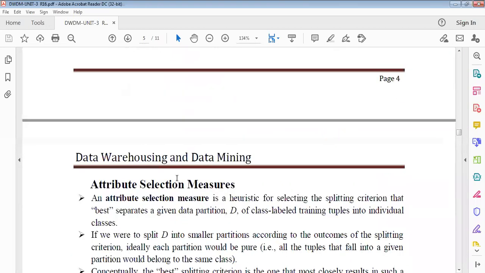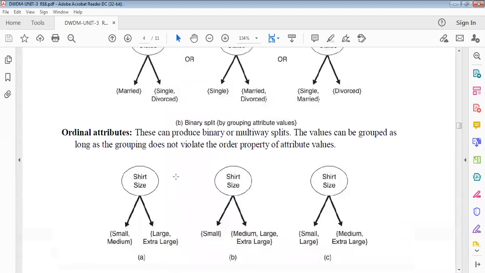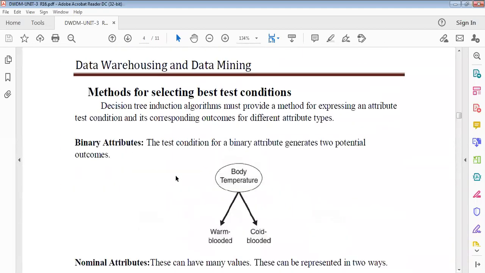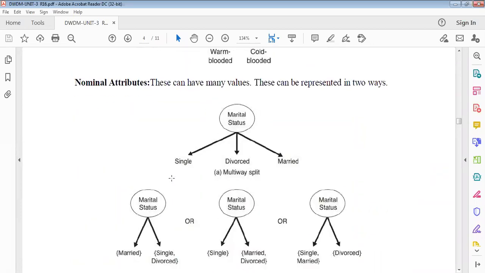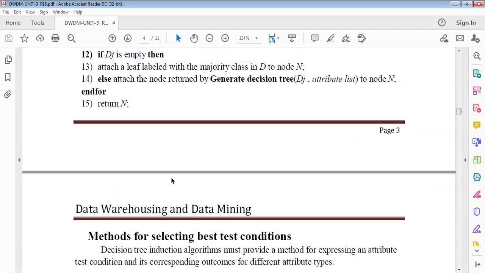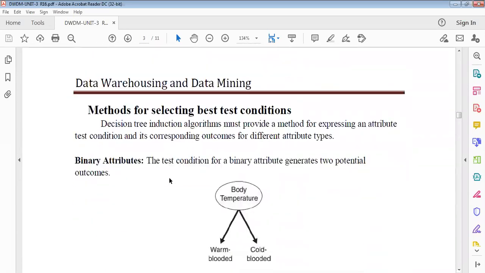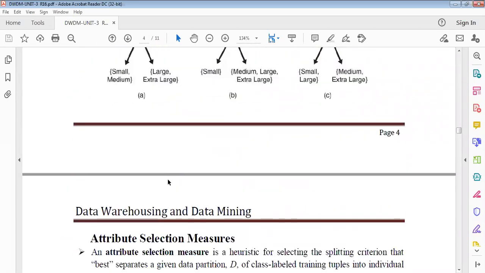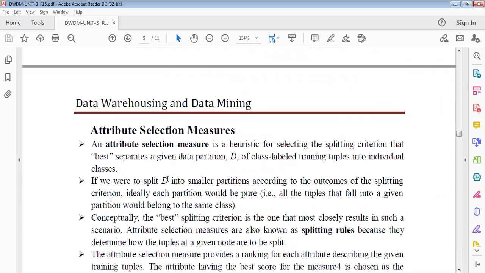Next is the attribute selection measures. Once you have completed the types of attributes you can use in the decision tree algorithm, the next one is the attribute selection method.